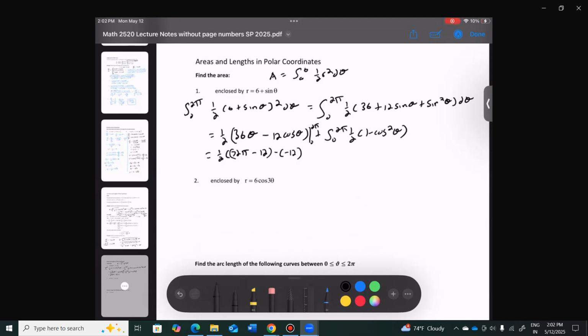So that's that first part here. And then this one is going to be the integral from 0 to 2 pi of 1/2 minus the integral from 0 to 2 pi of cosine squared theta.